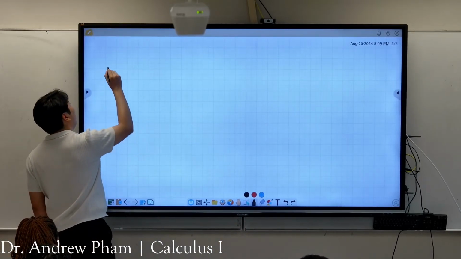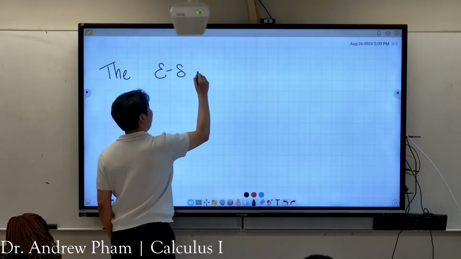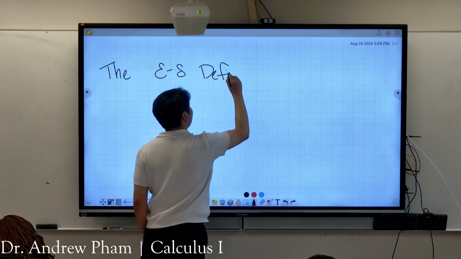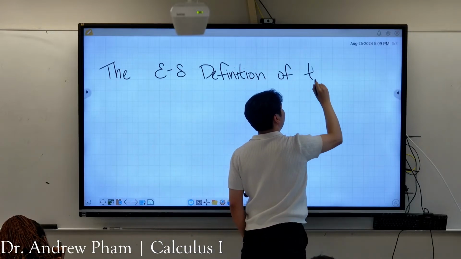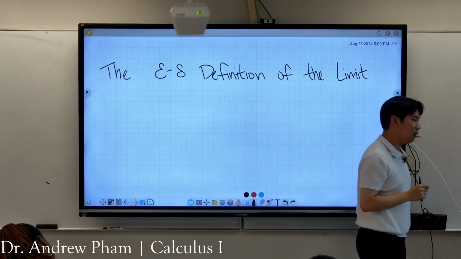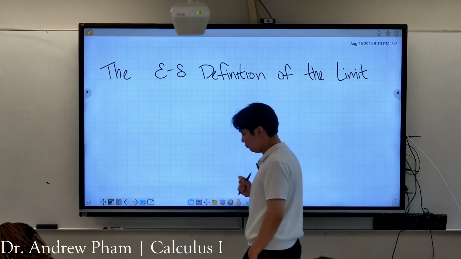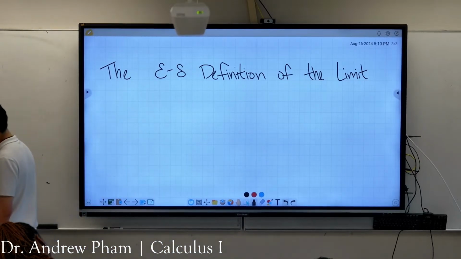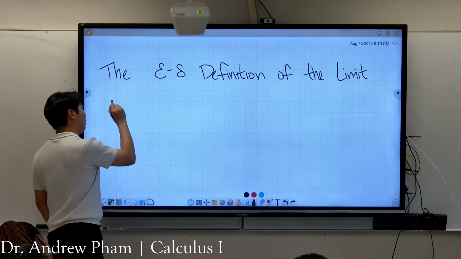Or the other term that you often see in math is called the Epsilon-Delta definition of the limit. All right, so I'm going to write a little bit of a briefer version.